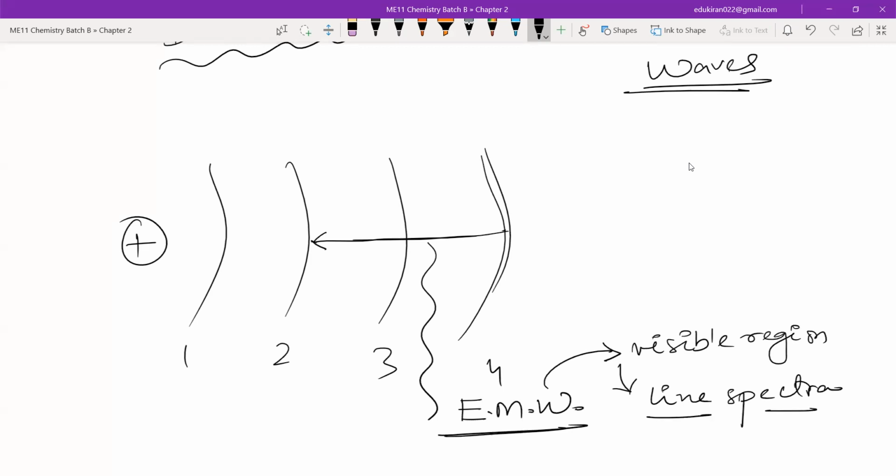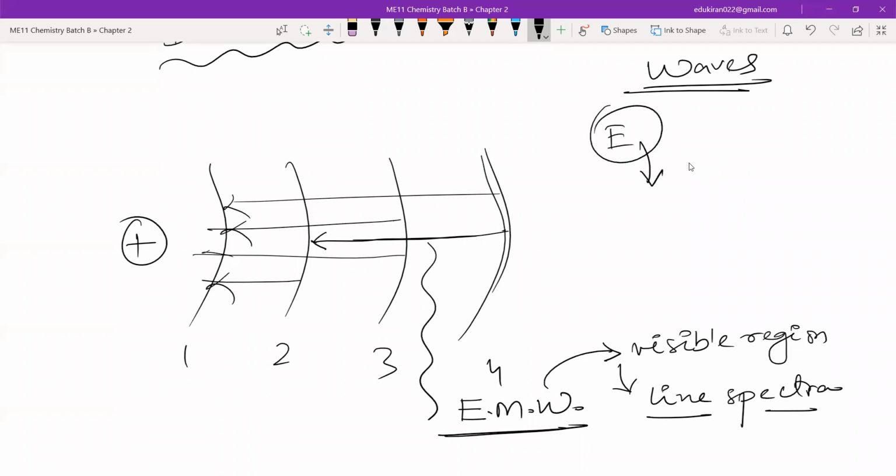So this is the reason why we see the line spectra, because you can also see that there are only some possible energy states, right? There are only some possible transitions, for example, 4 to 2 or 4 to 1. If the electron is in the third orbit, then it will go to the first. If it is in the second, then it will go from second to 1 or from 3 to 1, like this. So there can be only some possible energies.